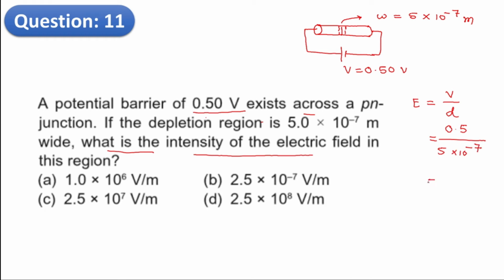So this is 1 into 10 to the power 6 volt per meter. So option A is the right answer.